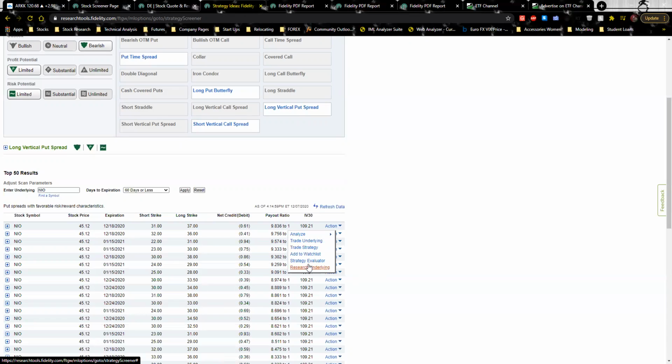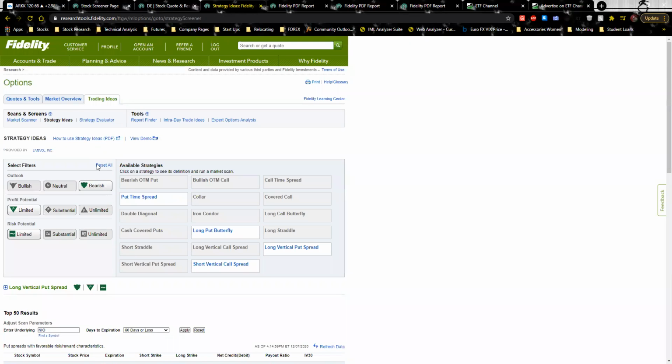If you need any more help, you can go to Strategy Evaluator 2, or go to Research in the stock. But yep, right here it will tell you what the strategy will be. This would be a debit, the payout ratio. So it's a pretty nice little strategy tool to use with Fidelity.